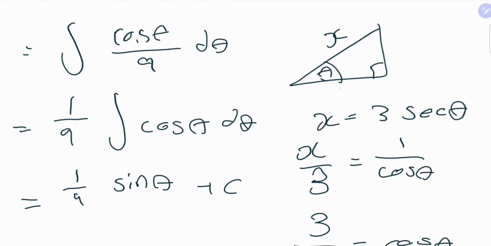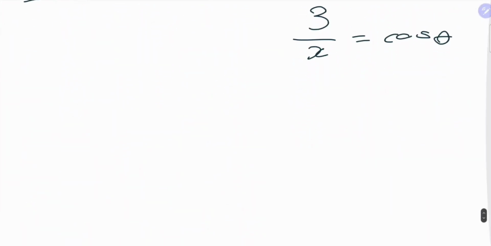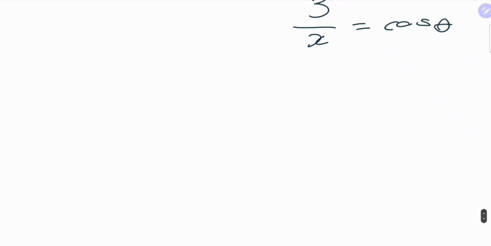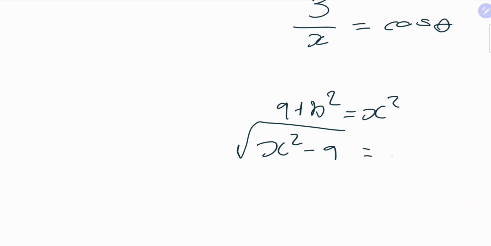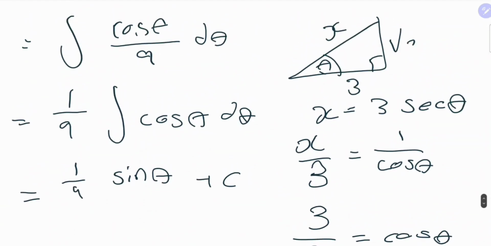If x is the hypotenuse, 9 plus b squared equals x squared, so the root of x squared minus 9 is going to be equal to b. So the root of x squared minus 9, and that was our beginning integral.